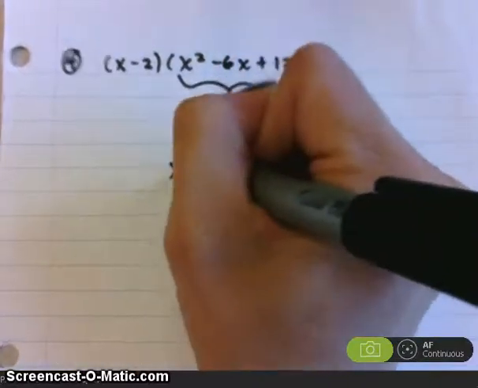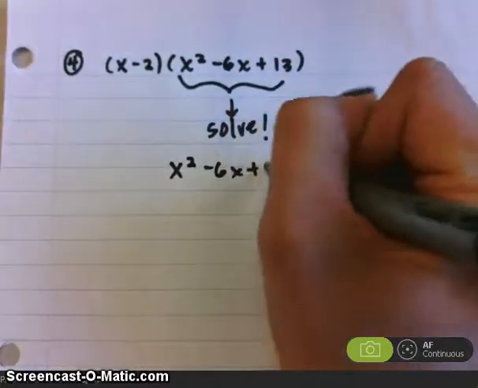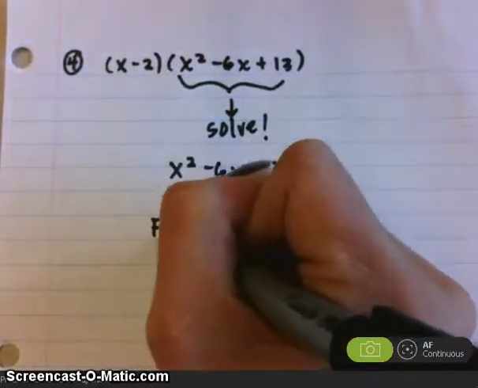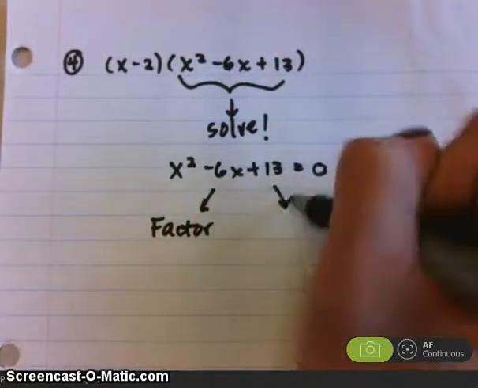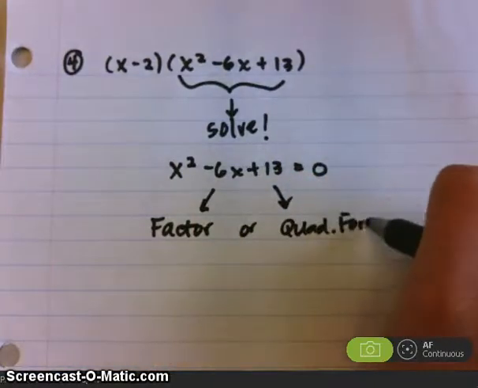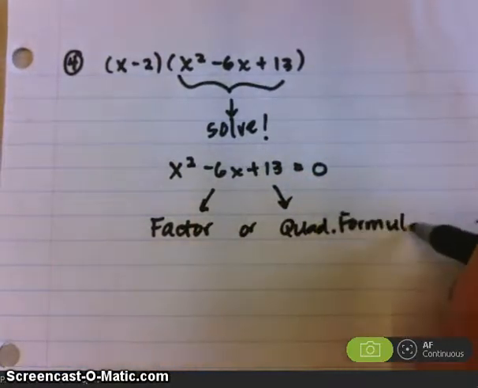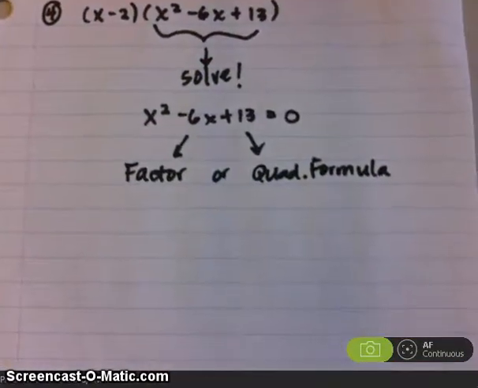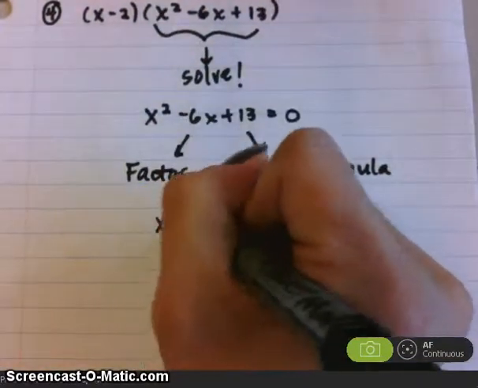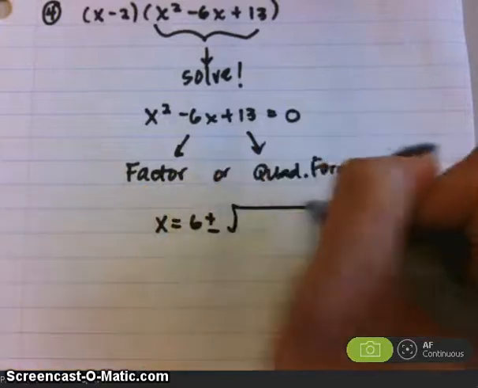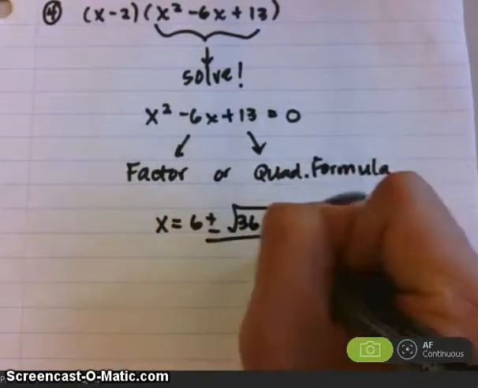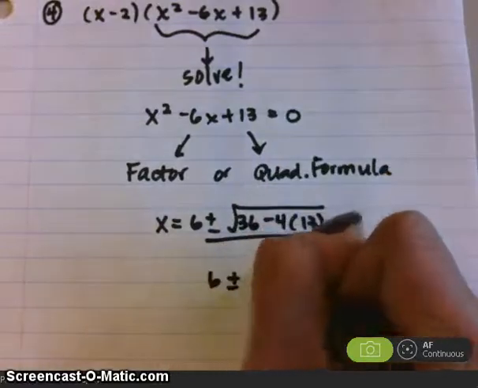So that means to set it equal to 0 and either factor, if possible, or use the quadratic formula if you can't factor. Now, quadratic formula always works, factoring only works sometimes, so that's just something to keep in mind. So I'm going to use my quadratic formula to solve this. And I'm going to do it rather quickly.